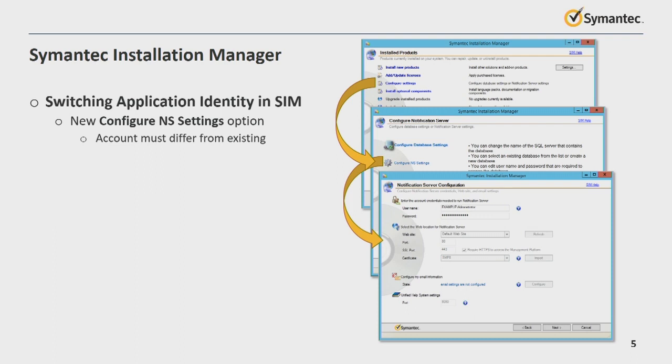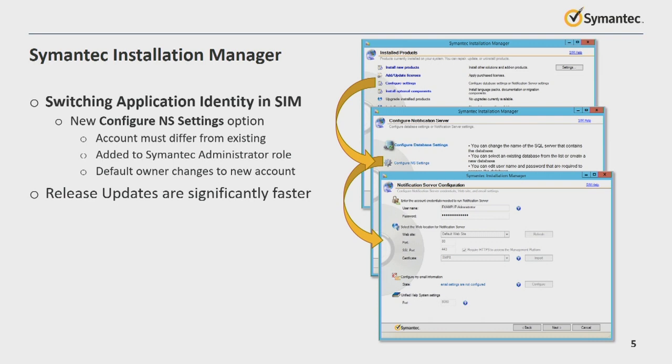So once you've got that established and you've put the account name in, it will add it automatically to the Symantec administrator role. So that's all done for you in the background. Okay, the default owner will immediately change to this new account. So if it was Alt SVC before, it will change to Alt SVC1, let's say. Okay, so it'll change to this new account immediately.